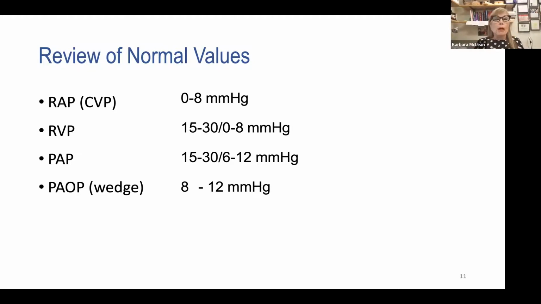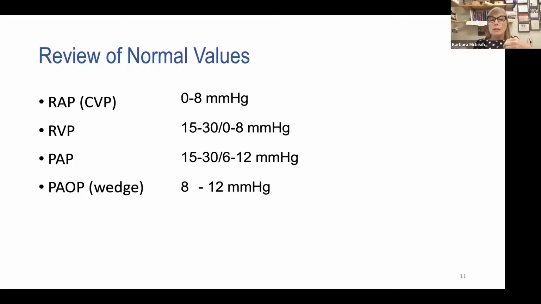Right ventricular pressure, 15/30 systole, and 0 to 8 diastole, which is what we reflect when we look at right atrial or CVP pressure. In the pulmonary artery, same as the RV systole in general in a healthy person, 15 to 30 PA systole, and remember what's changed is diastole, 6 to 12 millimeters of mercury.